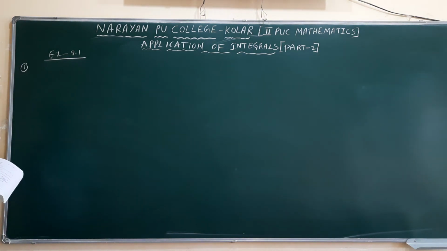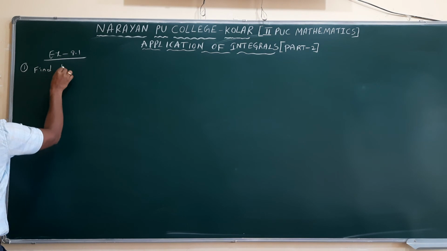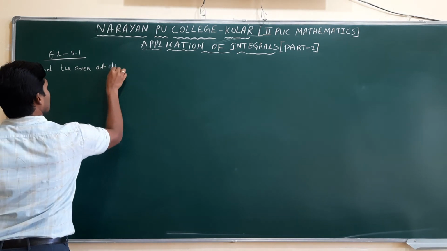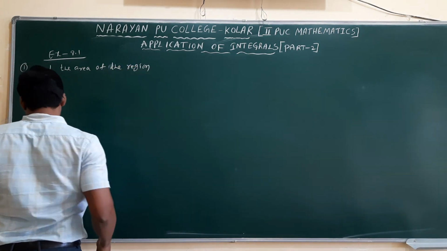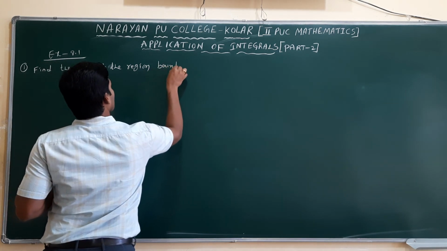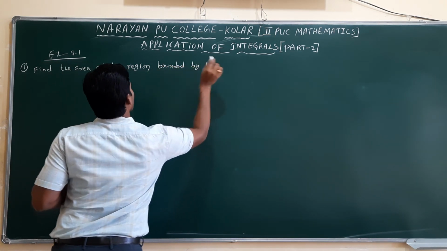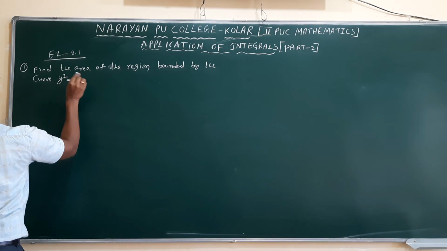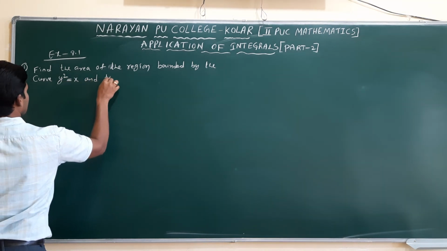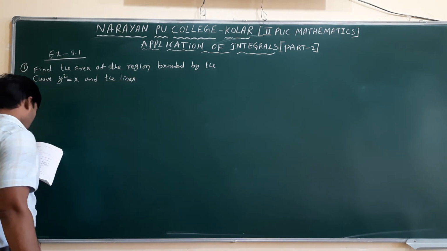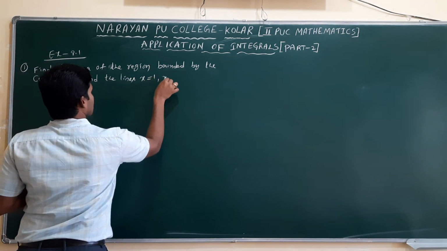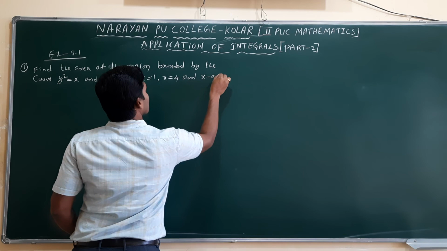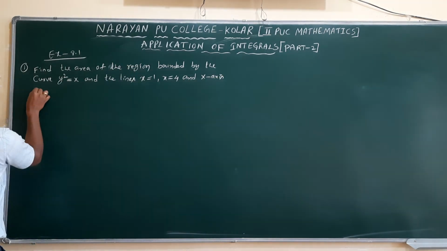In that first question, find the area of the region bounded by the curve y square equal to x and the lines x equal to 1, x equal to 4 on the x-axis in the first quadrant.